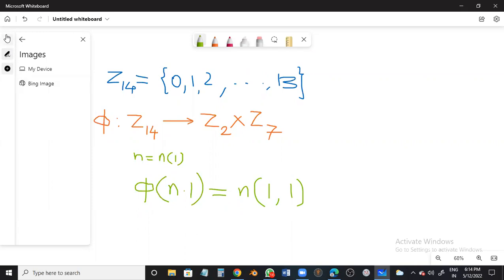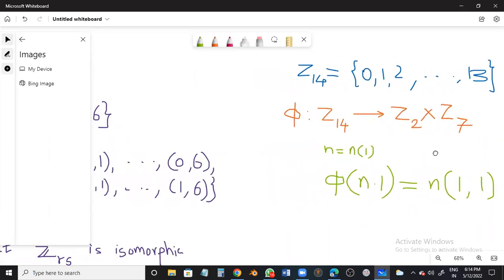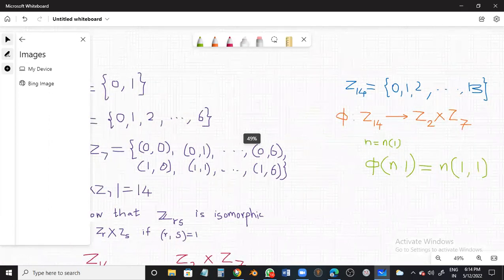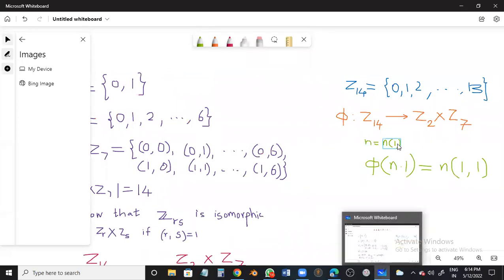So if not, I would like to help you, so let us go like this. The things are in front of you. If I mean to say 2 in Z14, how do I write 2? 2 I write as twice 1.